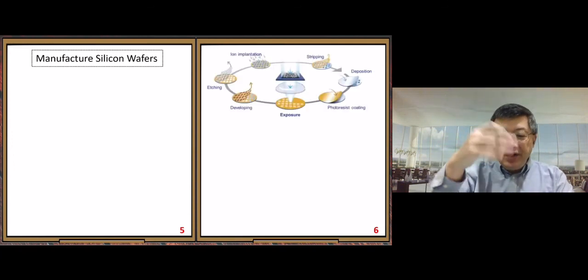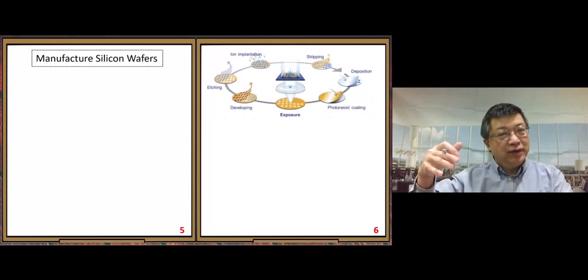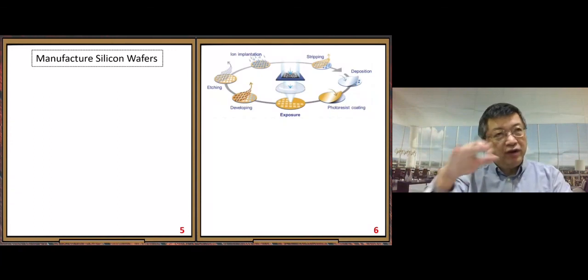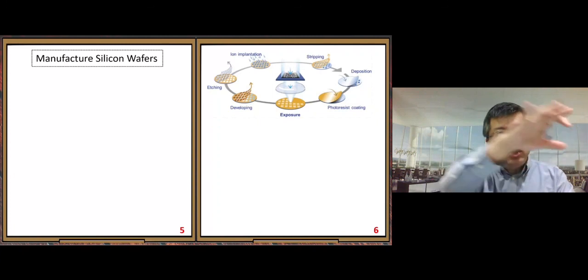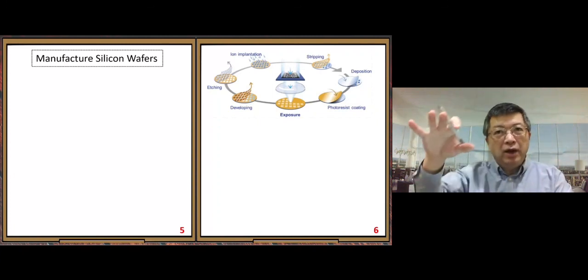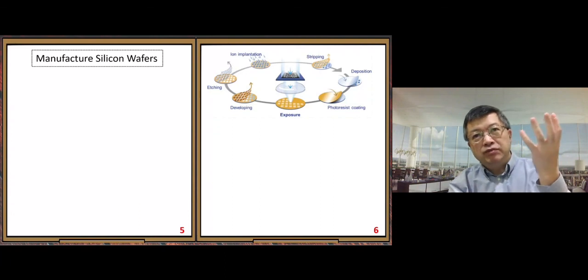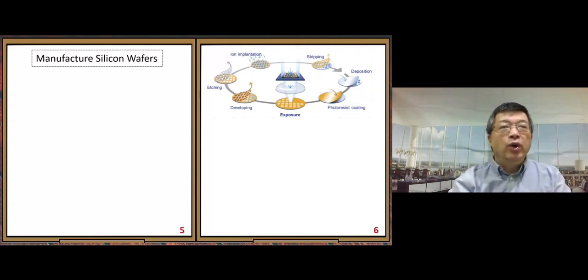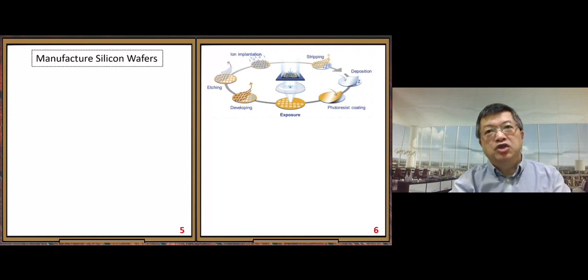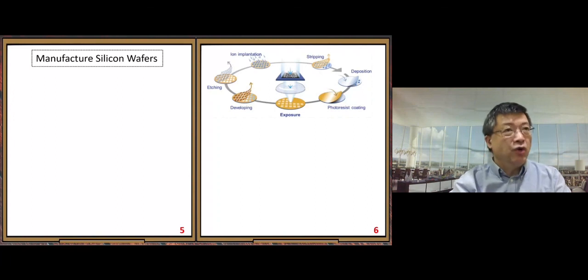Here, we need to do many steps on the wafers. Each wafer gets a lot of special treatment steps. Here, I give you this picture, just to give you some general idea. We will not go through the details of each step. That's not important for this course.